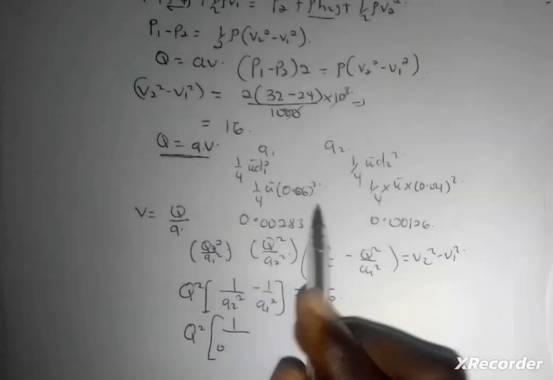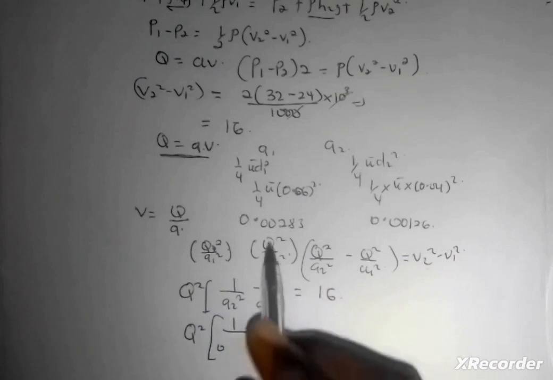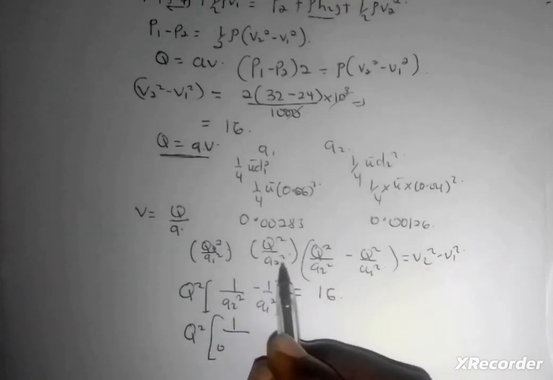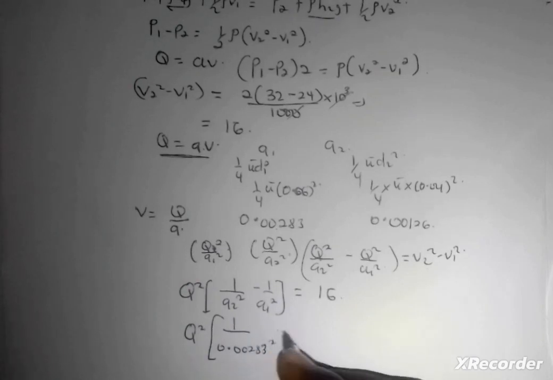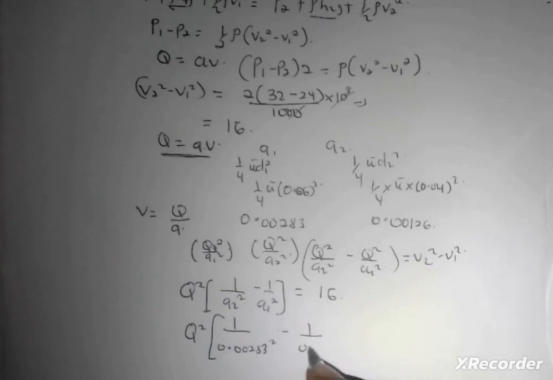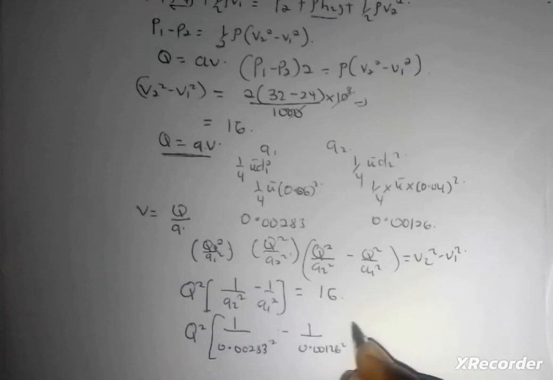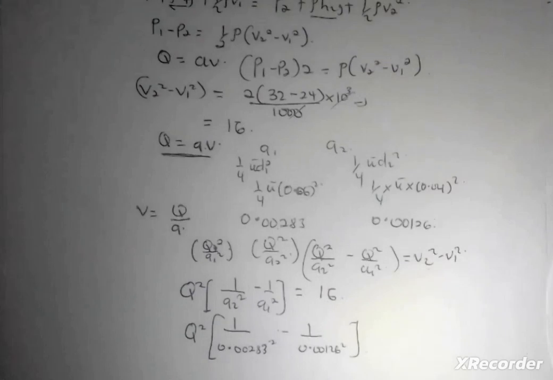For the diameter, which is 0.06, that is giving me 0.00283. Then all squared minus 1 out of 0.00126 squared. But we make sure we don't get negative here.